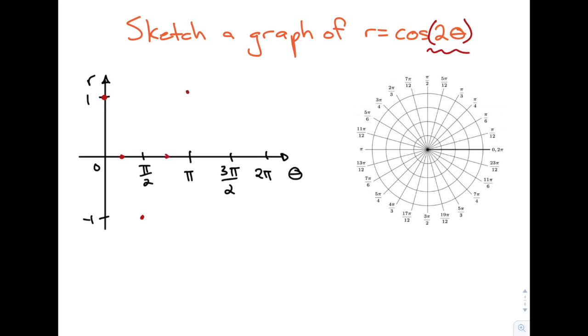Now if we keep going, it'll take the same shape, hitting 0 at 5 pi over 4, -1 at 3 pi over 2, 0 at 7 pi over 4, and 1 back at 2 pi. So in rectangular coordinates, the graph of r equals cosine 2 theta looks something like this. Just two oscillations in the domain 0 to 2 pi.